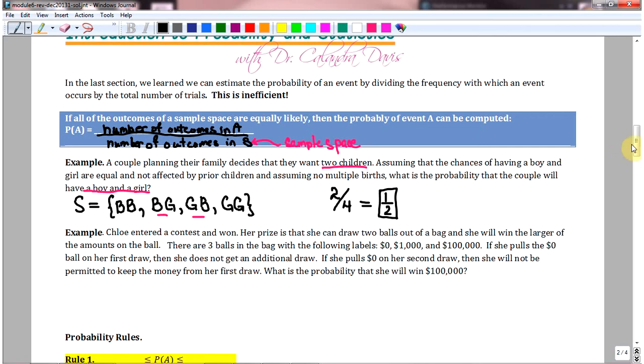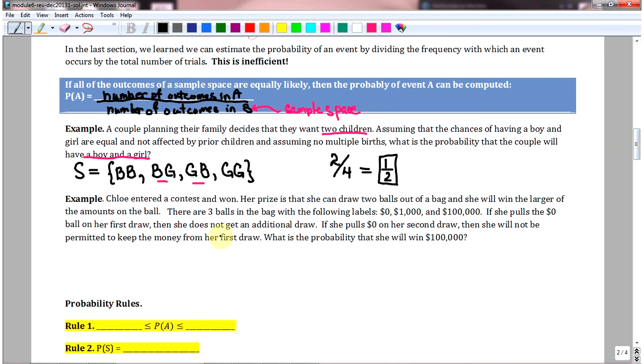Okay, so to figure this one out, we can write the sample space. Okay, so keep in mind that she gets 2 draws unless she gets the $0 ball, and that means she doesn't win anything and the game is over. Okay, so let's write our sample space.